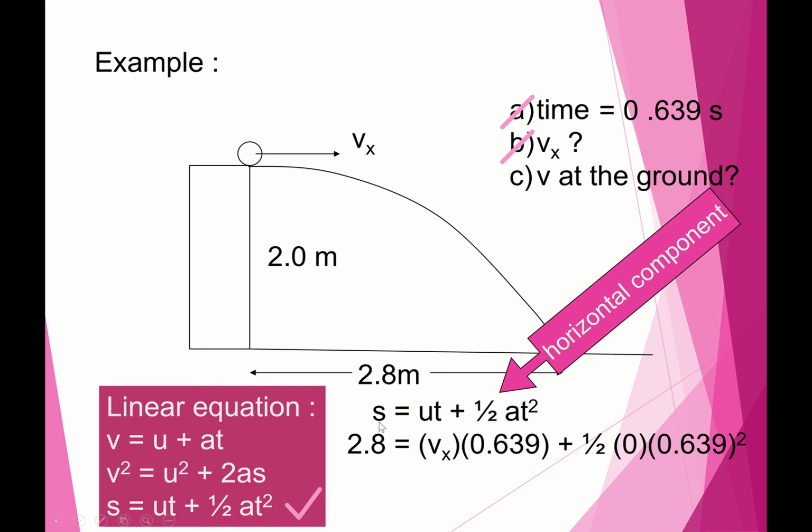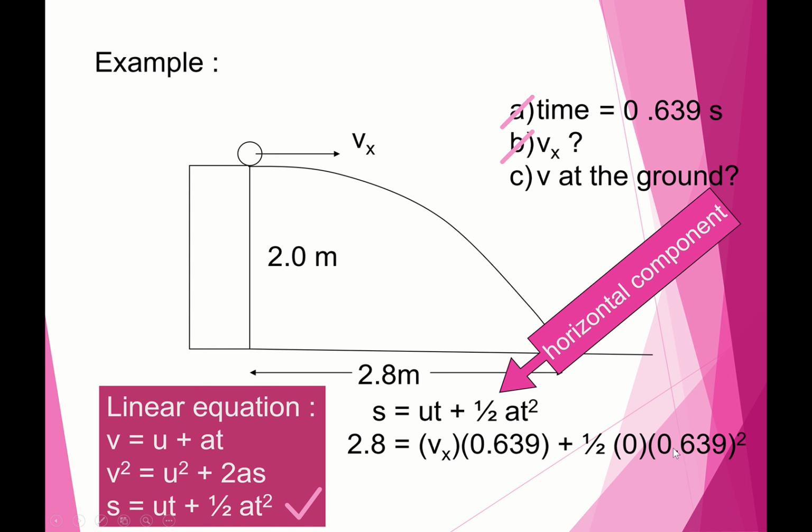Now we substitute all the values. s is 2.8, u is Vx, time taken 0.639, plus half, the horizontal acceleration is 0, because this is the horizontal component, so not 9.81, times 0.639 squared.